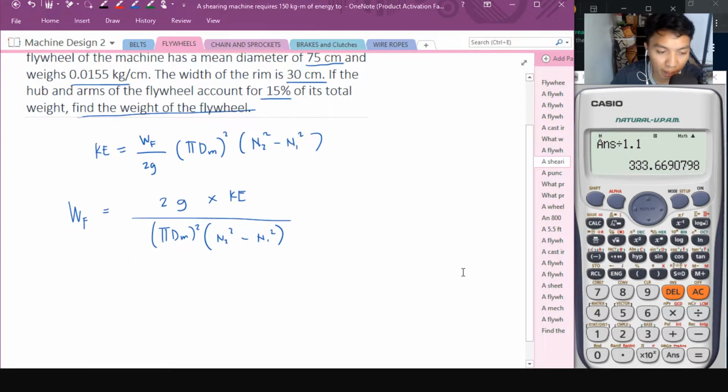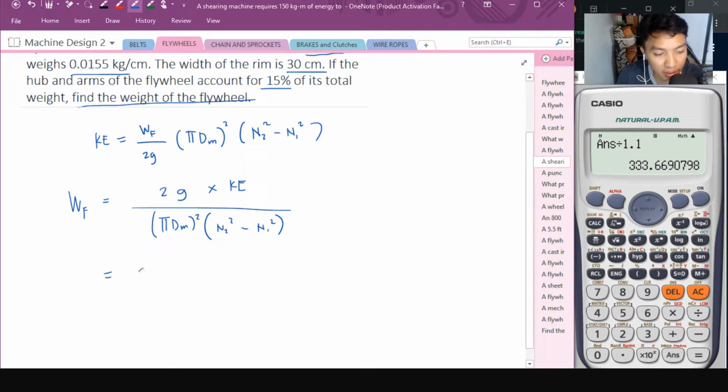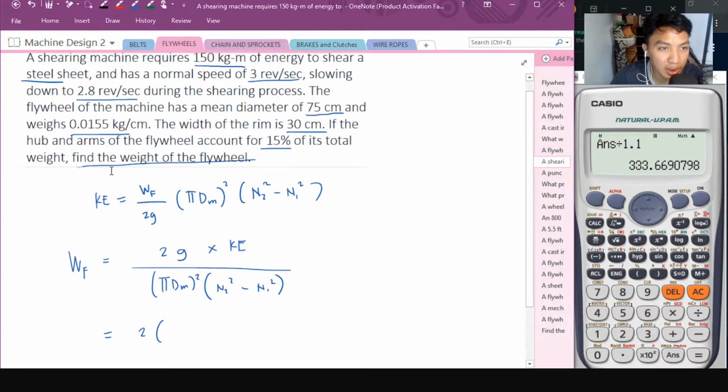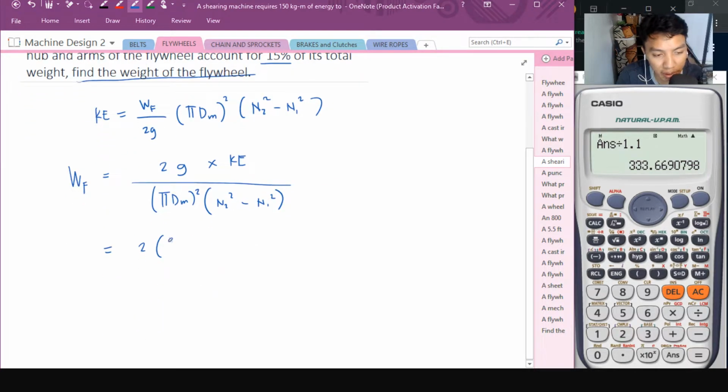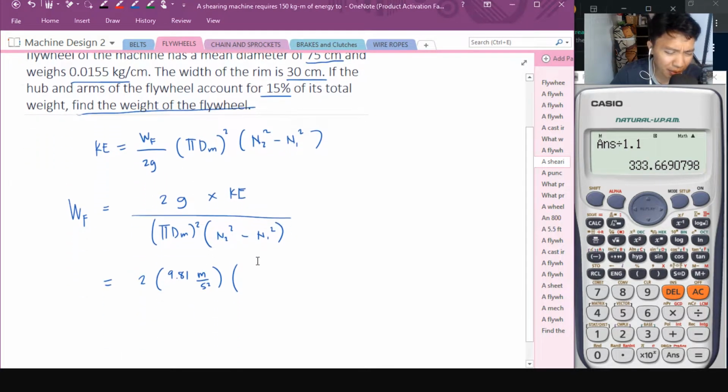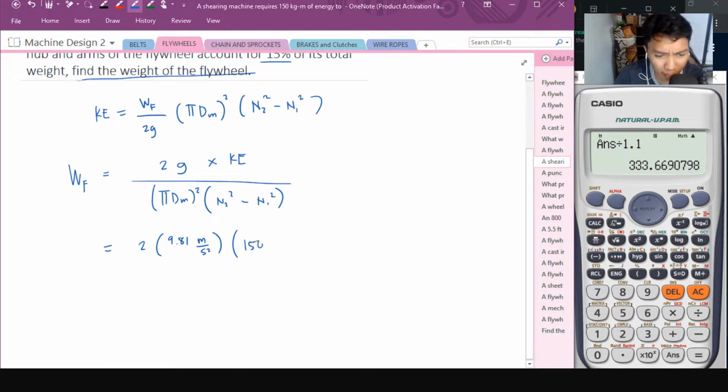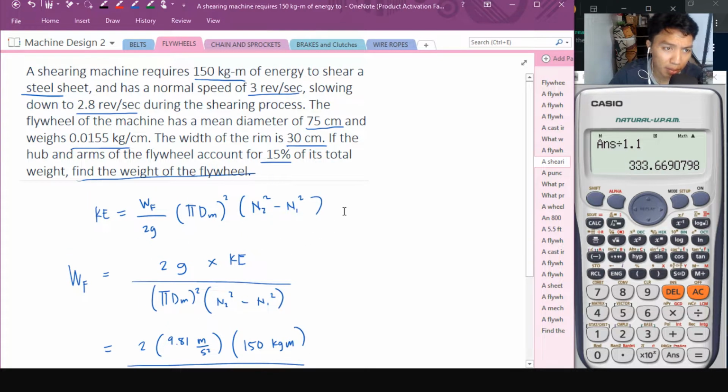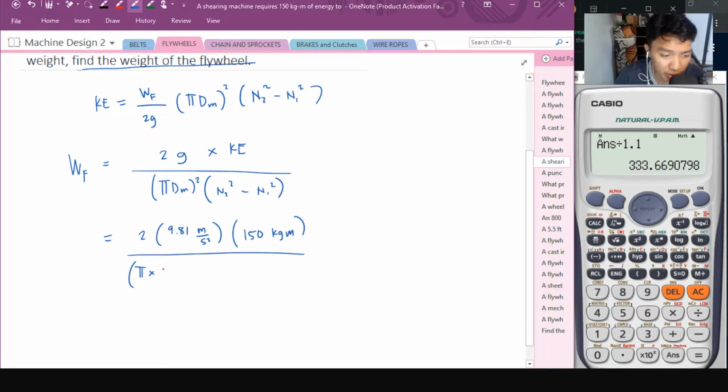So, ganun lang kadali. So, this is equal to 2 times, binigay dyan is SI, so 9.81 meter per second squared. KE is 150 kilogram meter, divide by pi times mean diameter in cm. Dapat divide mo ng 100 para maging meters, so 0.75 meters.